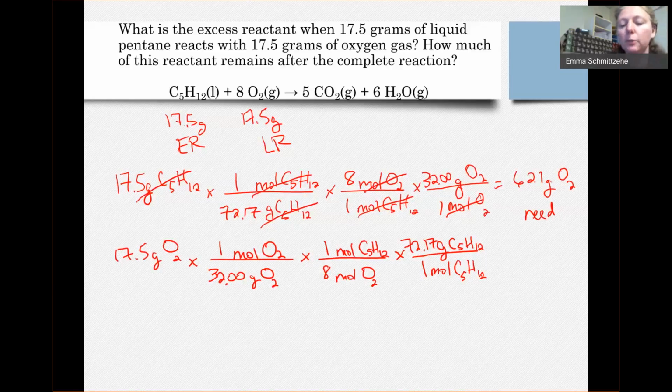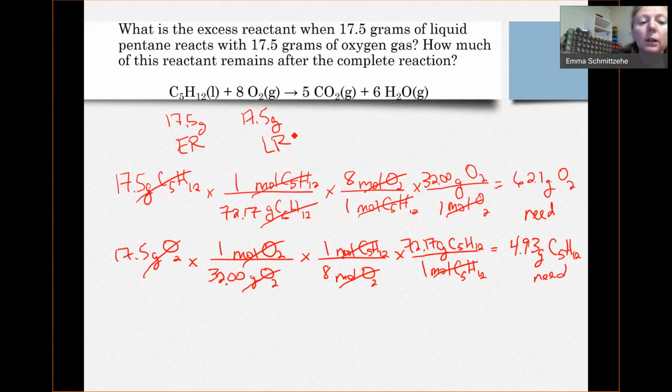So all that information was already in the previous calculation. It was just done in the reverse fraction. So I'm going to take 17.5 and divide by 32 and divide by 8 and then multiply by 72.17. So that tells me that I need 4.93 grams of C5H12.